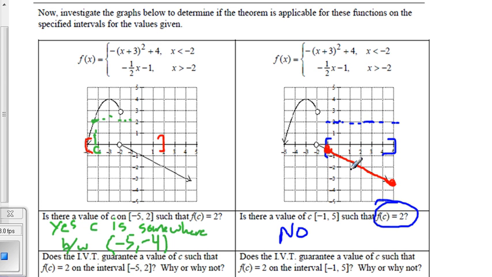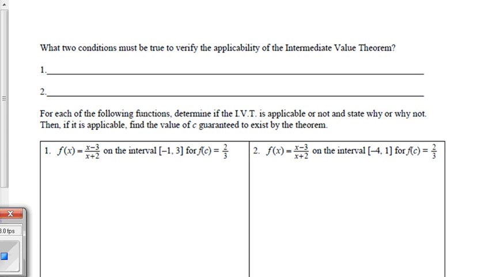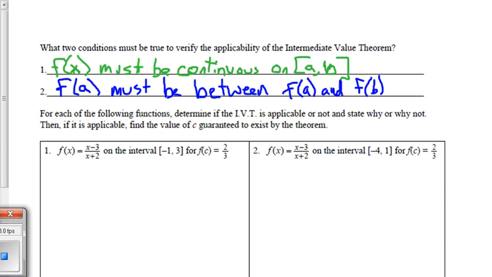It is continuous, but remember the y value, or in this case f of c, has to be between f of a and f of b. So next, what two conditions must be true to verify the intermediate value theorem? Well, we just talked about it. It has to be continuous, and then f of c must be between. So let me write those down. The two conditions: continuous, and it must be between the two values f of a and f of b.